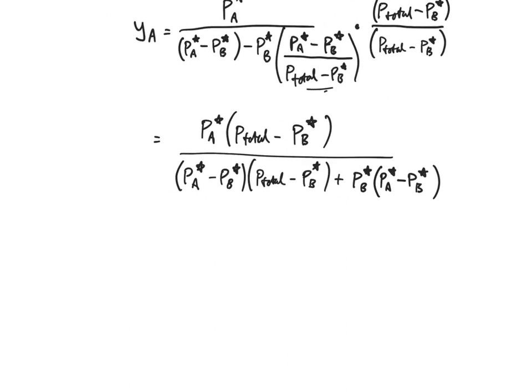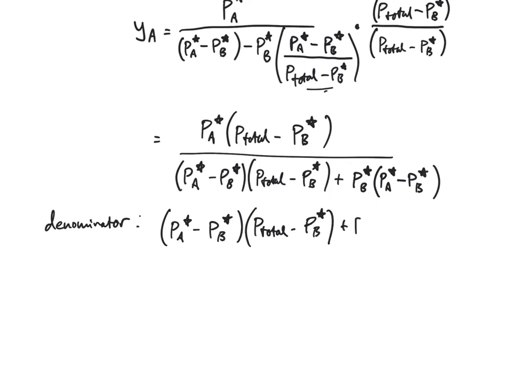But now we're just going to focus on the denominator of that last expression up there. And the denominator is equal to PA star minus PB star times P total minus PB star plus PB star times PA star minus PB star.